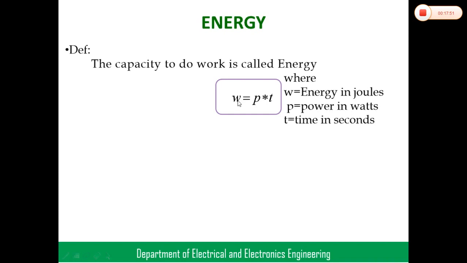The energy can be written as P into T, which can be written as W equal to the integration of P dt, because energy is calculated over a period of time.